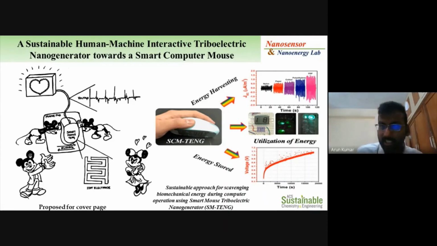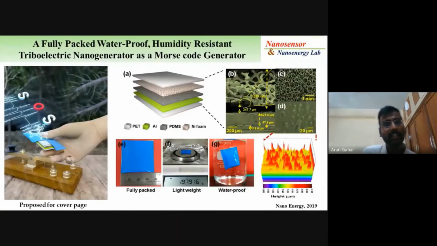So by using this data, you can even interpret the mouse moving pattern, whether he is disturbed or stressed. I didn't do that here, but these are all proposed concepts using this device. We proposed this image for the cover page, but they said Mickey Mouse is the copyright of Disney, so they didn't want to publish it. But the paper was published in Sustainable Chemistry.